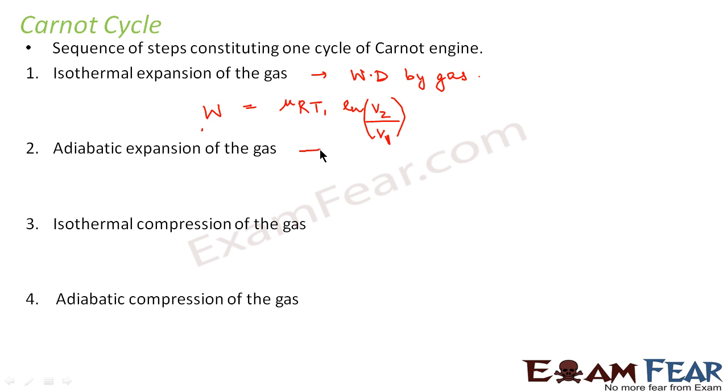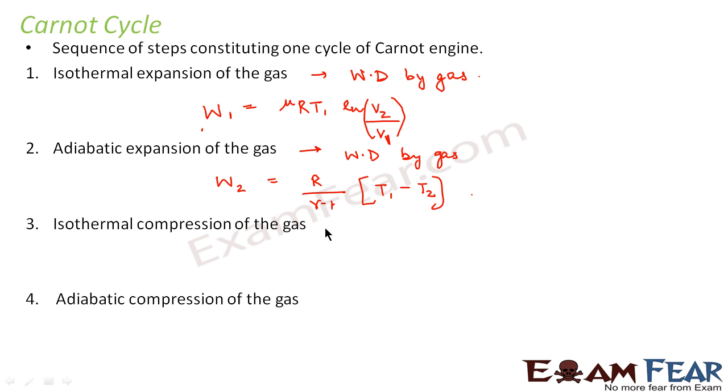Similarly, when there is adiabatic expansion of the gas, even in that case, work is done by the gas. So in this case, what is the work done? Let us call this W1, let us call this W2. The work done in this case would be nothing but the expression for adiabatic change, that is R divided by gamma minus 1 into T1 minus T2, right?